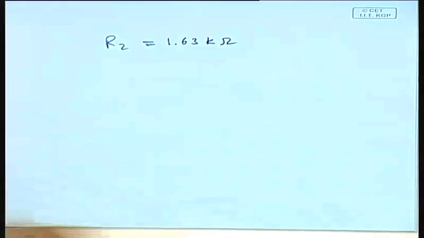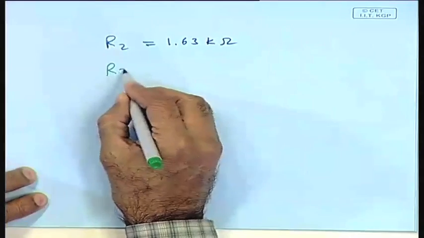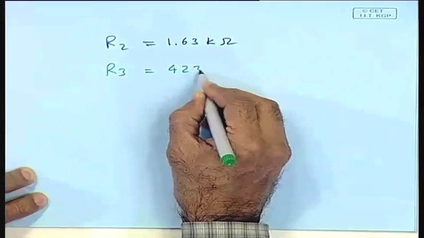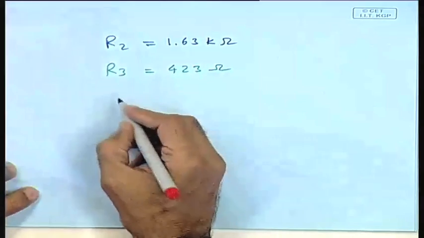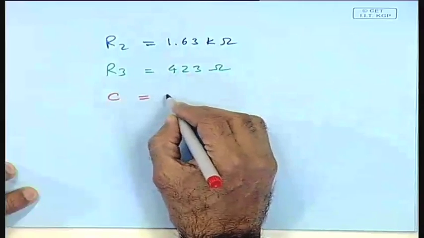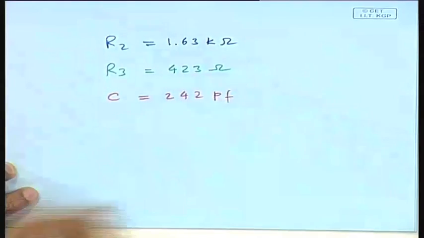He may also say I need another resistor, R3, that's going to have 423 ohms. And I need a capacitor, and the capacitor must have a picofarad capacity, let's say 242 pF.